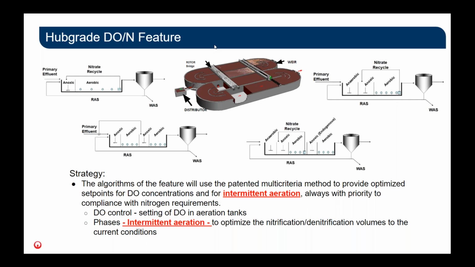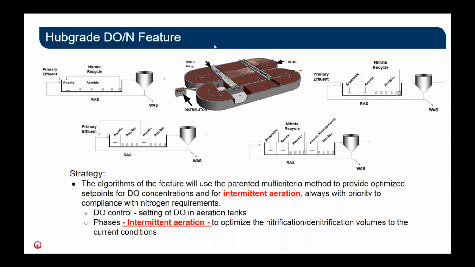And they are applicable whether you have multi-stage systems, single-stage systems, multiple recycles, one recycle. The different features that you might employ on top of the DO&N feature would certainly get more complex the more complex your system is to enable the highest level of optimization.